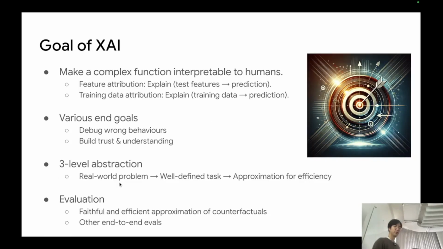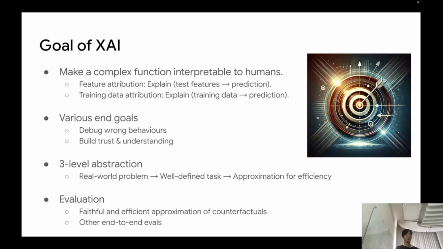Okay, and now let's do a bit of conclusion for explainability in general. So the goal, again, is to make something complex interpretable to humans. And goals are quite varied. So it's different from accuracy evaluation, which is kind of easy.